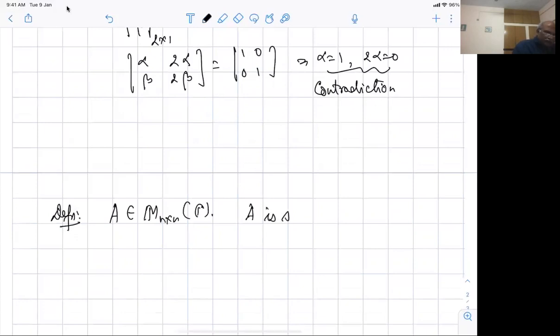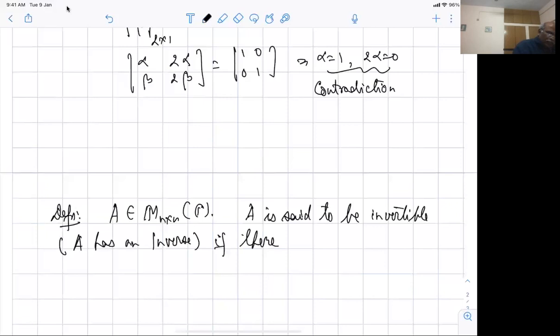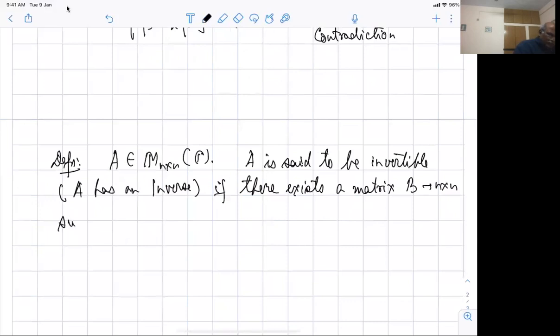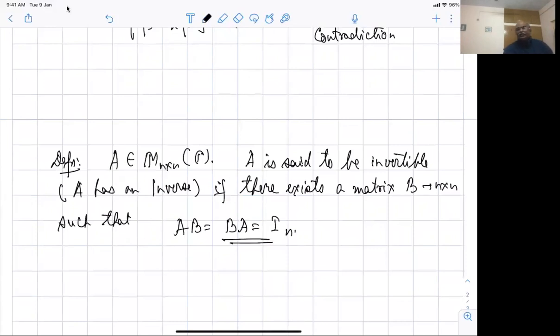A is said to be invertible, or A has an inverse, if there exists a matrix B, again an n cross n matrix over complex numbers, such that A times B is equal to B times A is equal to identity. All right, fine. So I need both of them, left as well as right inverse, to be there.